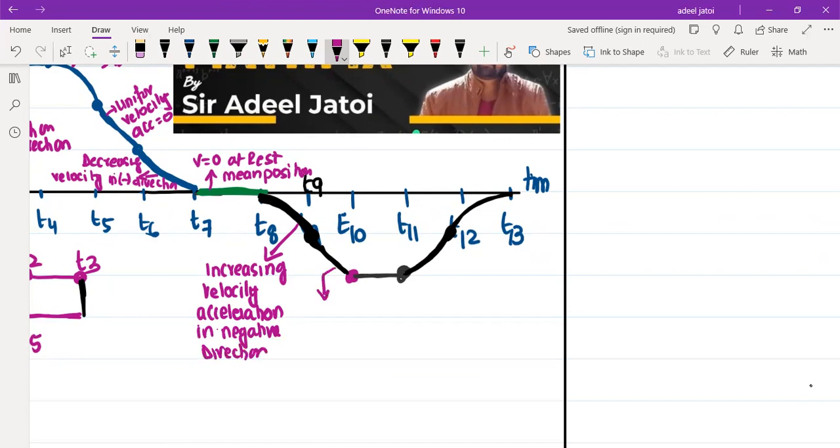This thing represents T9 to T10 uniform velocity. Right? So acceleration is 0, but in negative direction. This means velocity 0, at rest.